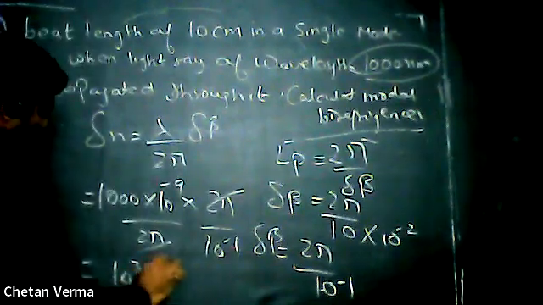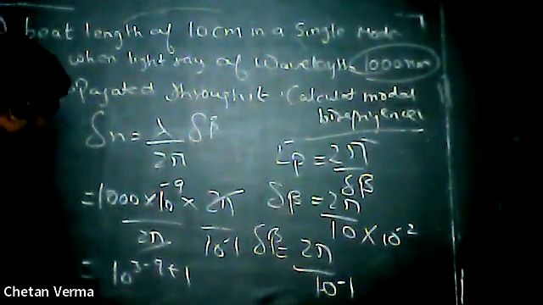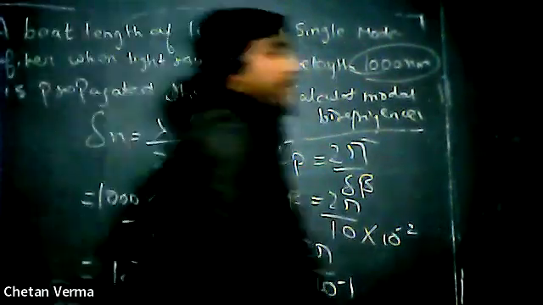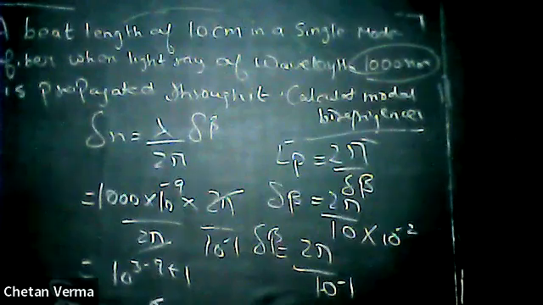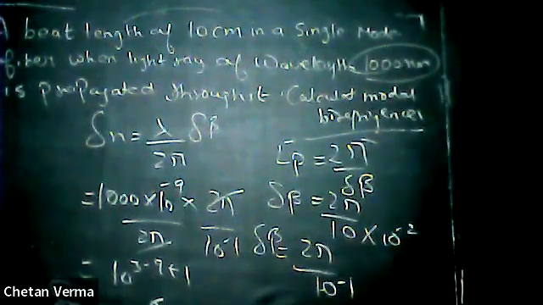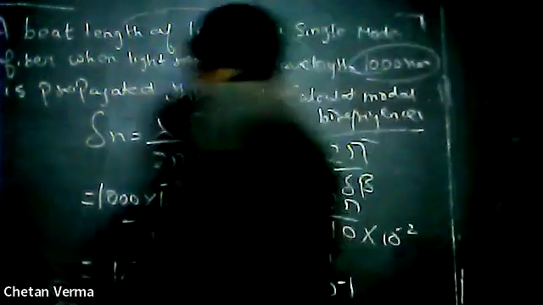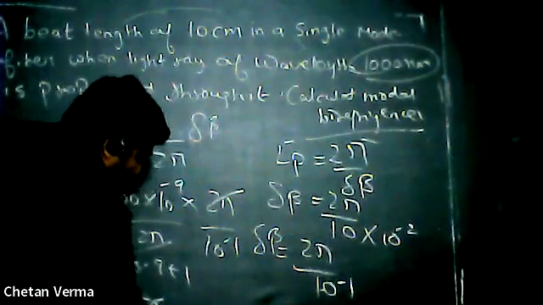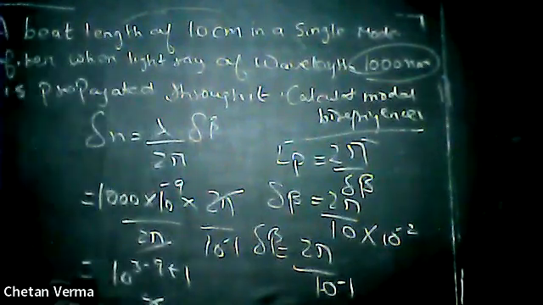That is 10 raised to power 3 minus 9 plus 1, that is 10 raised to power minus 5, and delta n, that is the modal birefringence according to the formula, is 10 raised to power minus 6 as the answer.